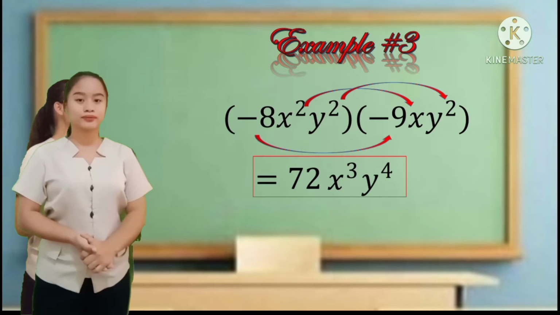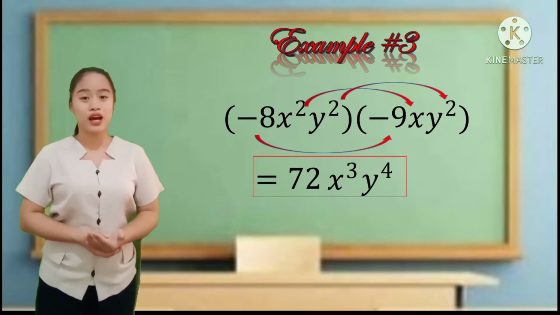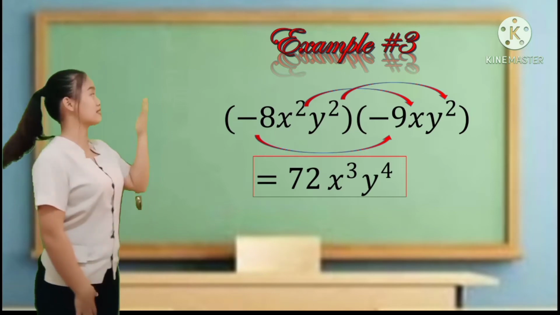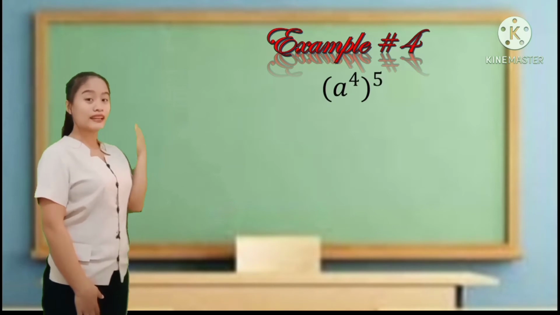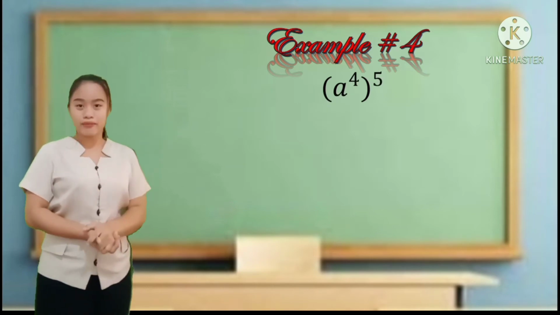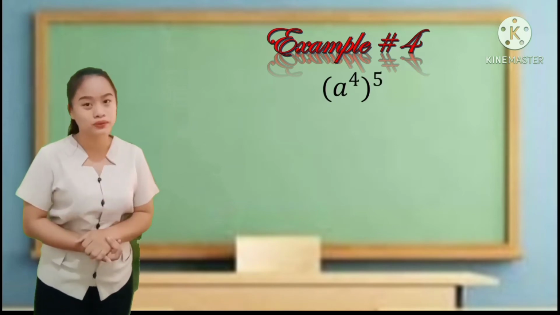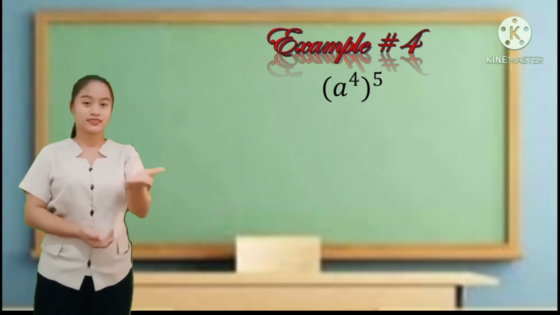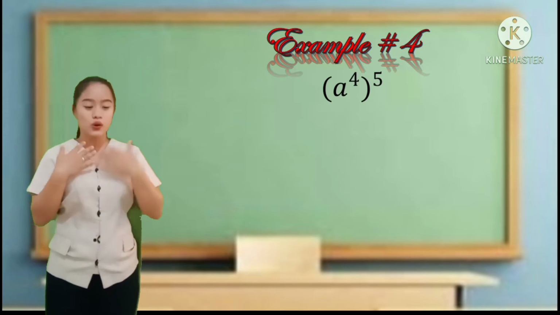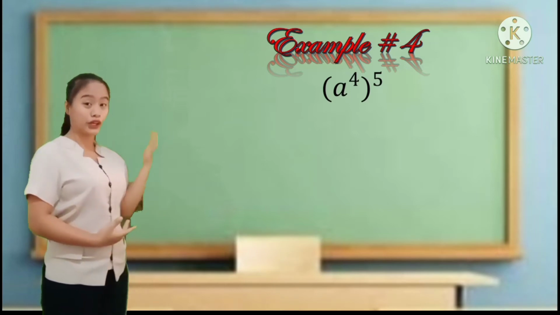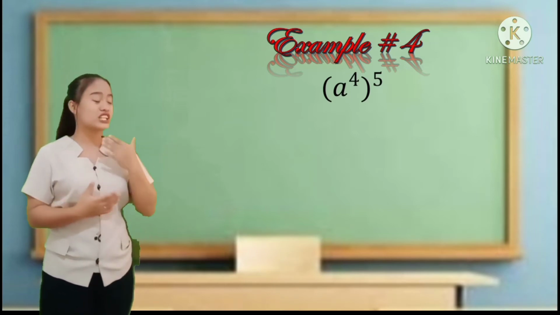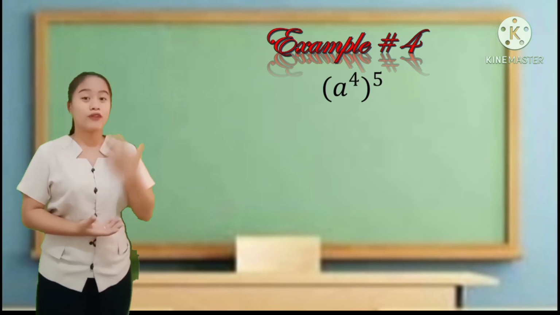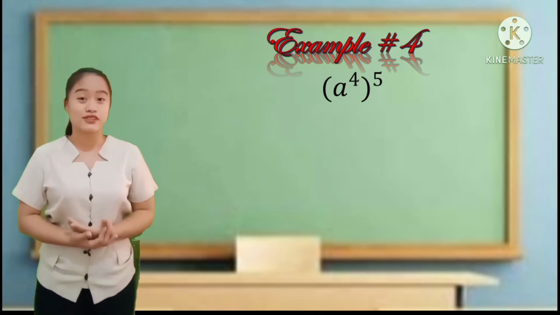Yes, ma'am. Okay. How about if you have a given problem like this: a raised to 4, raised to 5. So class, what will you do? Anyone from the class? None? Okay. So class, if you see a term like this, it is just like 5 times a raised to 4.